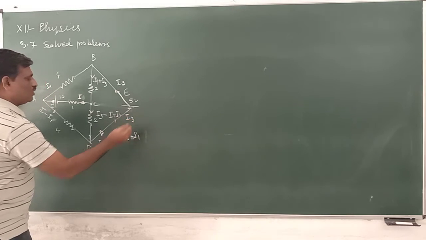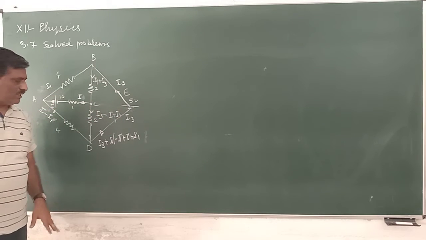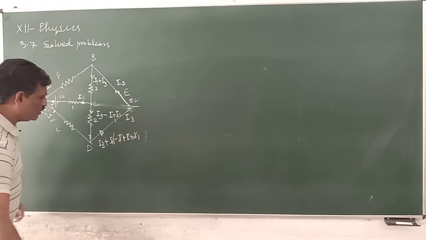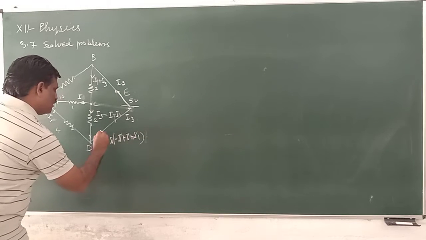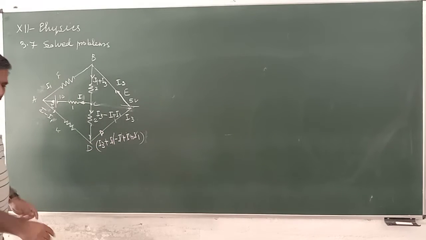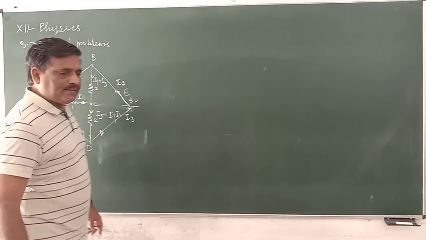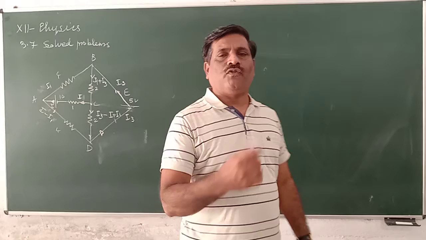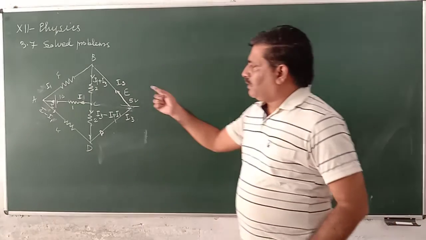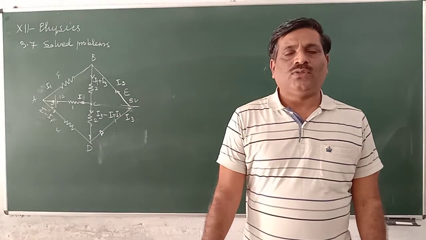I3 will go through this one. Whatever was sent by the cell came back to the cell. So through this complete branch, if you check it, only I3 will go to this side. Now I remove this one. This is how the current is flowing through the circuit, how we can indicate the current flowing through the circuit.